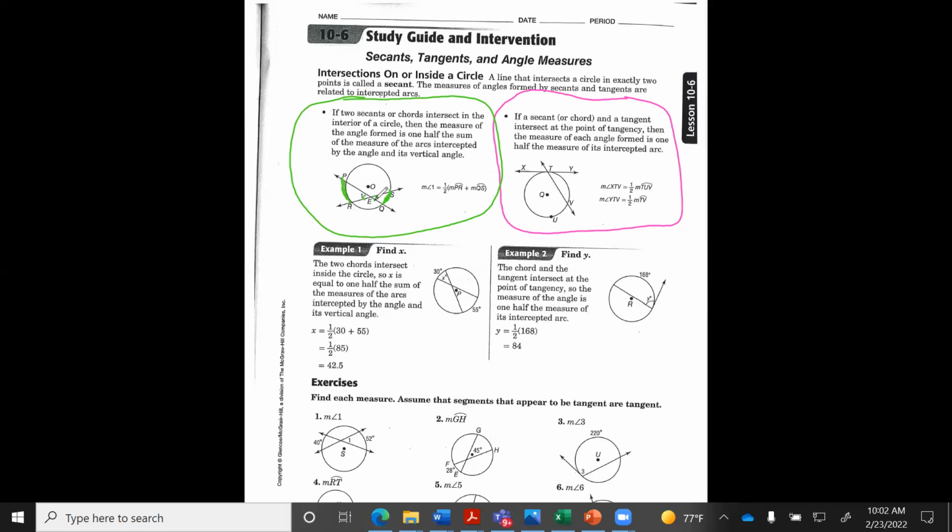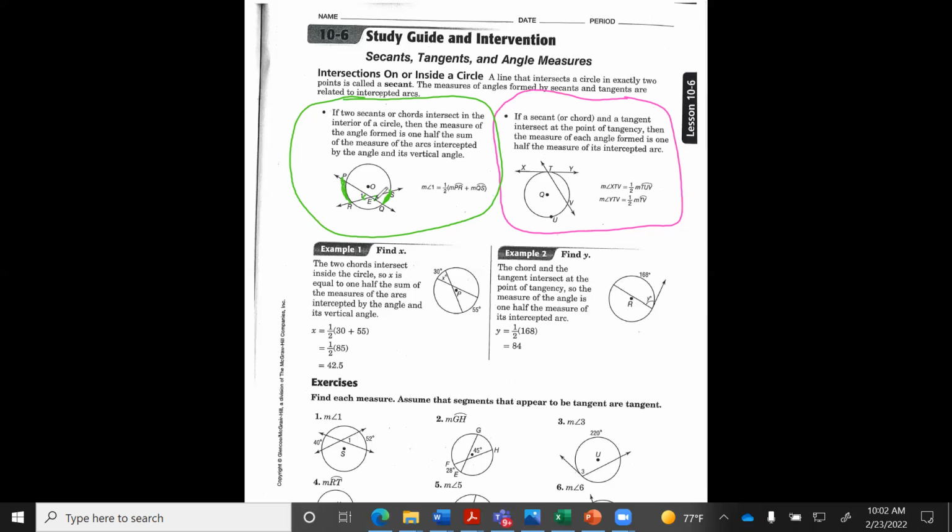The intersection is not on the circle. If it was on, sorry, it's not on the center of the circle. If it was on the center of the circle, then each one of those angles would be the same as the intersected arc. Since it's just in the circle, but not on the center, it's going to be the average of the 2 intersected arcs. So we find the length of those 2, add together, divide by 2.